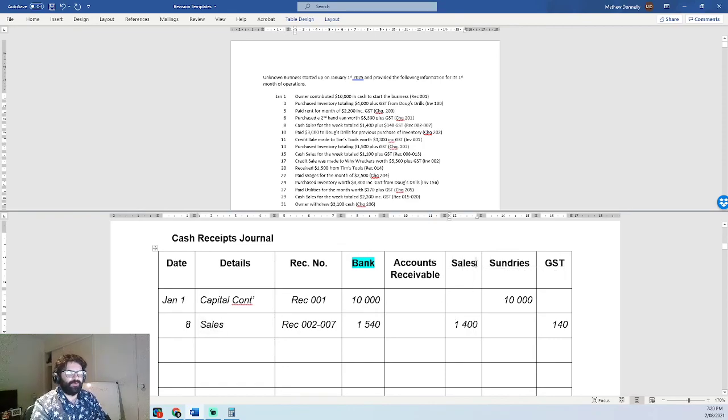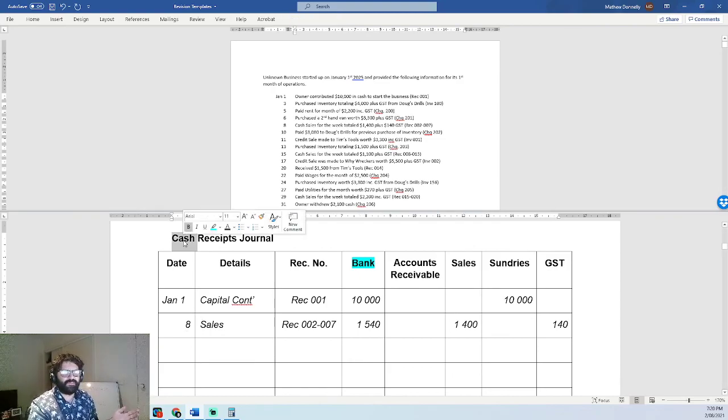So you can just repeat the amount here. Now, you might be thinking, why don't we write cash sales, Mr. Donnelly? Well, plain and simple, you don't need to write cash sales because it's the cash receipts journal. It's already there. It's already implied in the name. So that's just a little bit interesting stuff there.